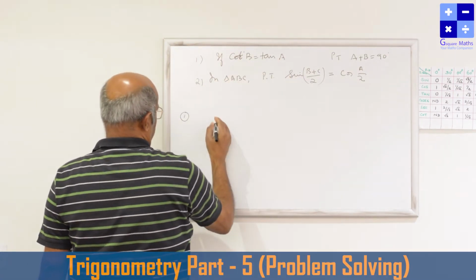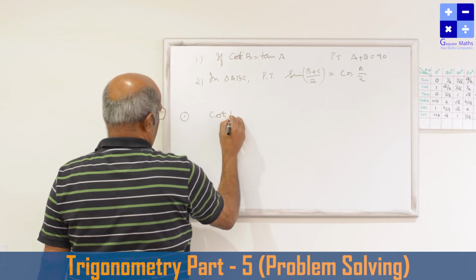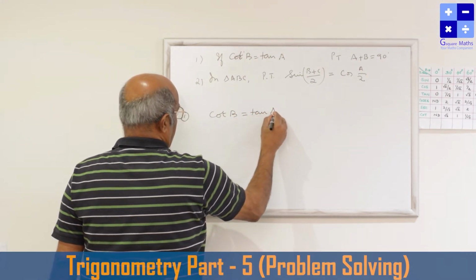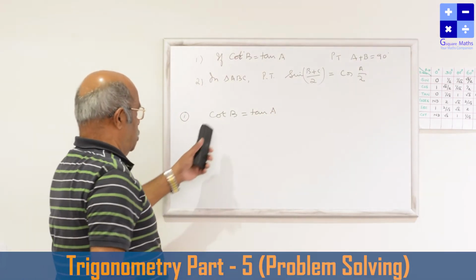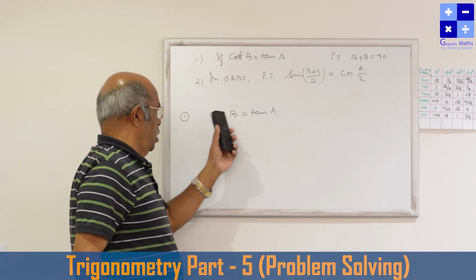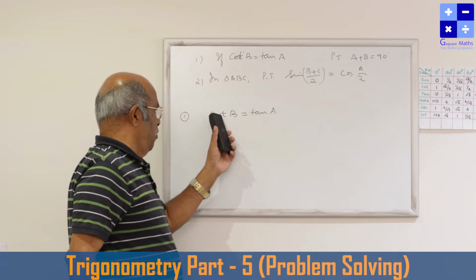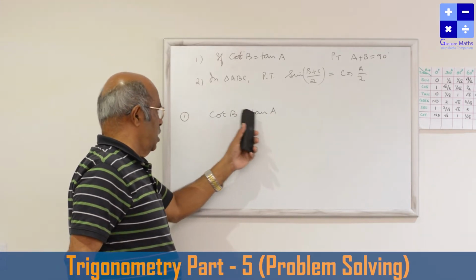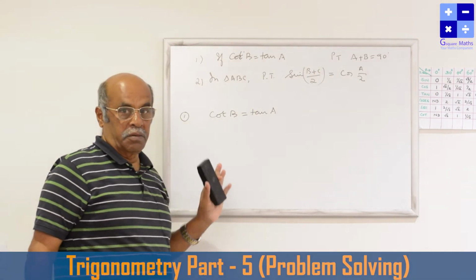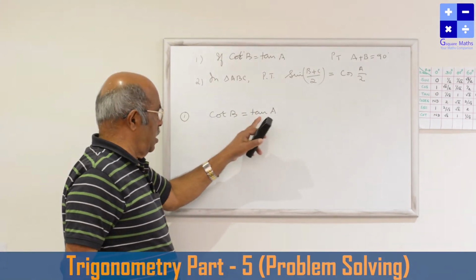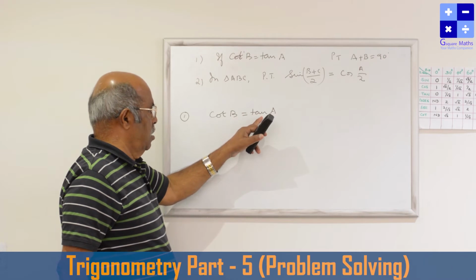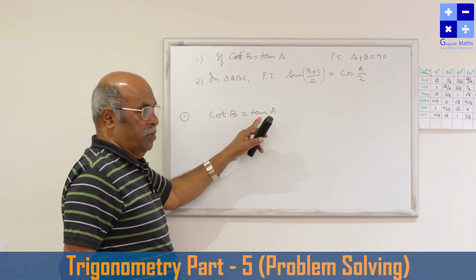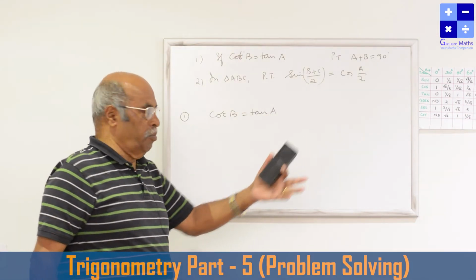Cot B is equal to tan A. Now, as these two trigonometric ratios are equal, if it is cot and this also cot, or if this is tan and this also tan, then the angles can be equated. Here cot is there, here tan is there. So we have to either convert this to tan or this to cot. Yesterday we saw the complementary angles.